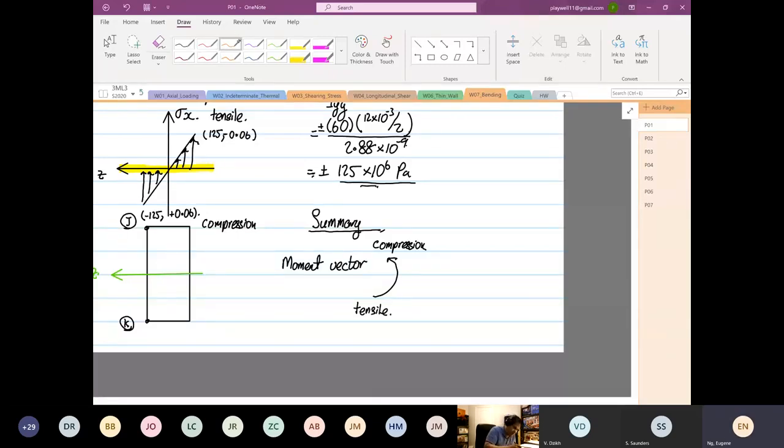So that's the moment vector. Then for second moment of area, if this is your axis, right? Anything that is parallel will be known as your width.